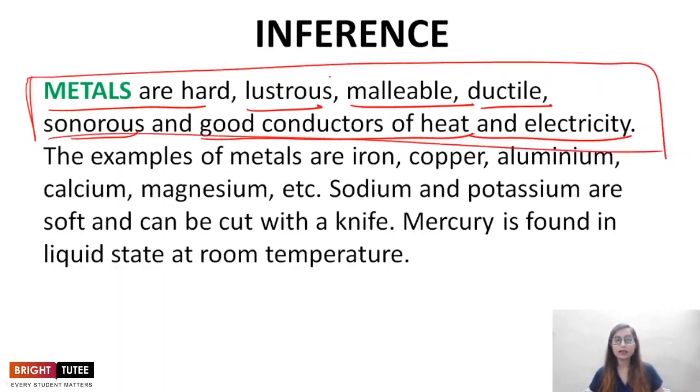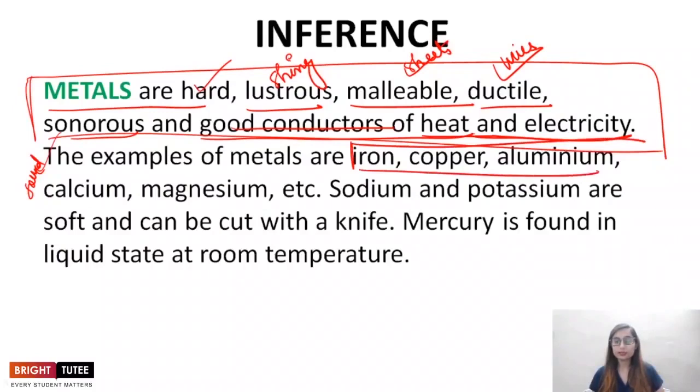Metals are hard, lustrous means shiny, malleable that can be converted into sheets, ductile that can be converted into wires, sonorous that they produce sound, good conductors of heat and electricity that we have already seen. The examples of metals are iron, copper, aluminium, calcium, magnesium, etc. Right? These are the examples.